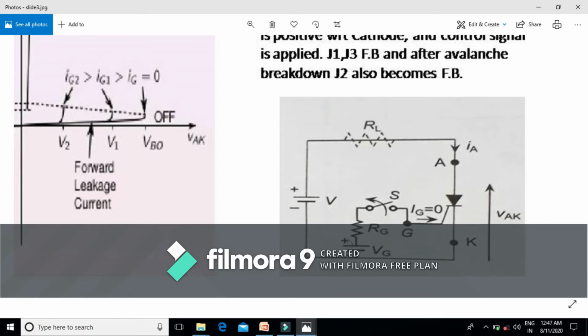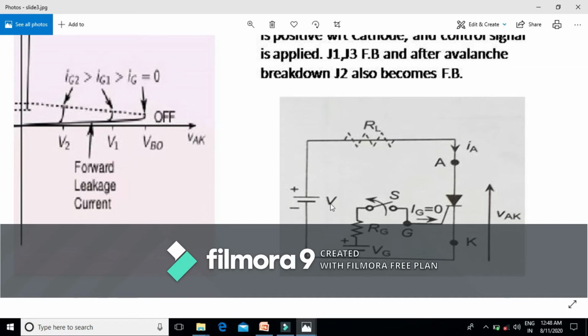This is the voltage VG, which represents the gate voltage, and here we are using one variable resistor, the resistance RG. We can get this current IG by turning the switch on and off. This is the load resistor that we have connected in the circuit, and V represents the source voltage that we are applying across the anode cathode terminals of the circuit.